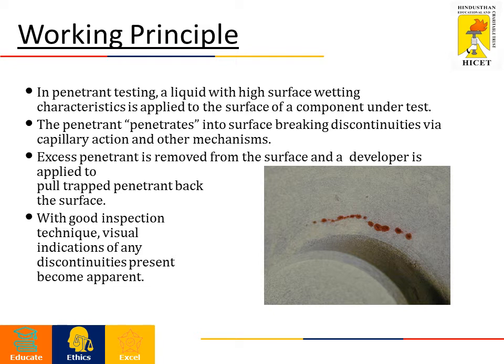So we can find the discontinuity or errors clearly. After that, the excess penetrant is removed from the surface, and developer is applied on the penetrant area. So automatically we can find which part and where the crack is. Easily we can find it.